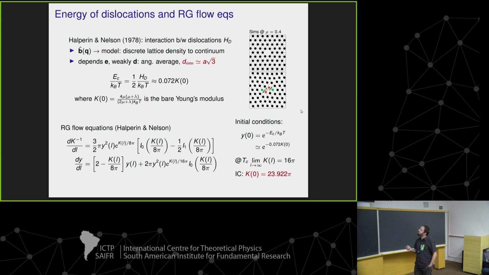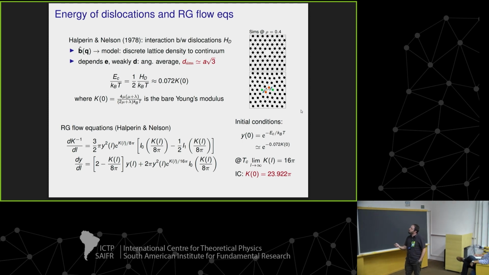We can use both as initial conditions for the renormalization group equations of the classic paper on two-dimensional melting of Halperin and Nelson that describes the renormalization flow of the Young modulus and of the fugacity of the dislocation. Since the initial conditions depend only on the bare Young's modulus, the transition is characterized when the renormalized Young modulus arrives at a value of 16 pi before dropping to 0 at the higher temperatures.